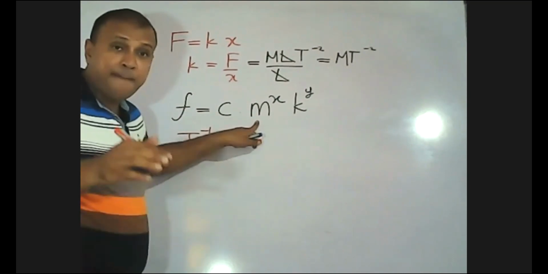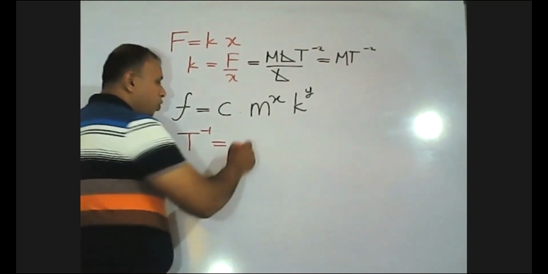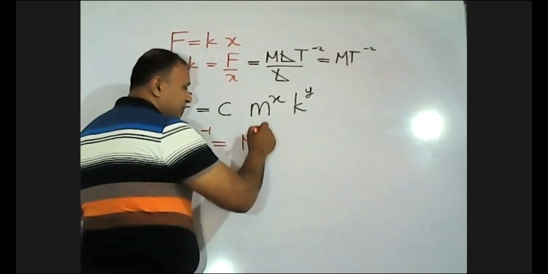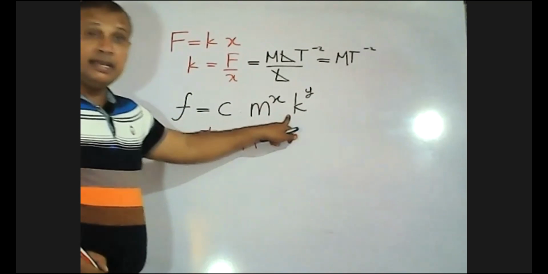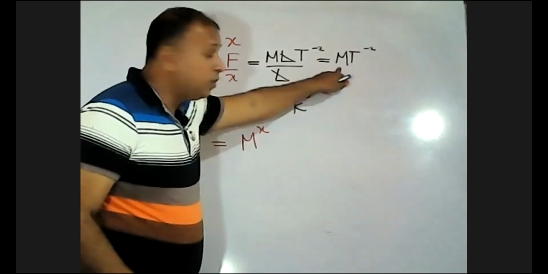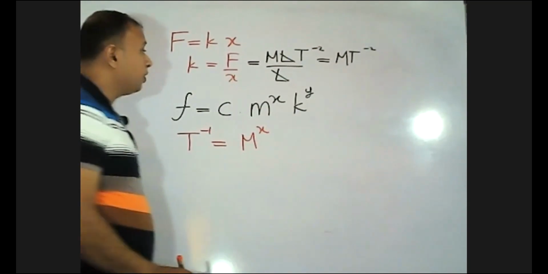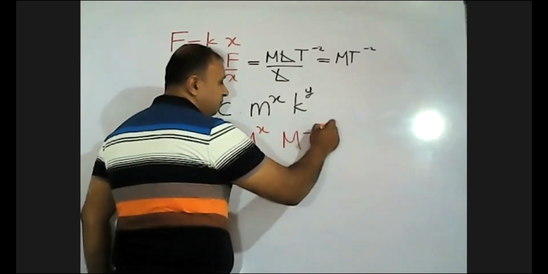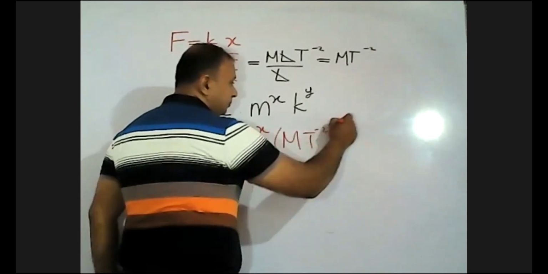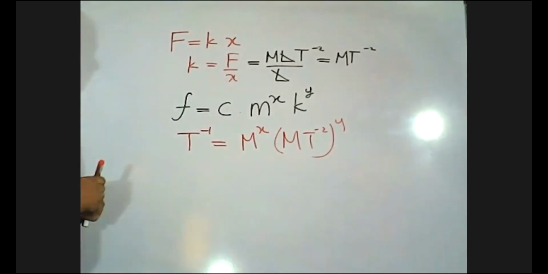M is mass, so mass to the power x. K is spring constant. So I have found that dimension m t minus 2, so m t minus 2 to the power y. Now I can simplify.